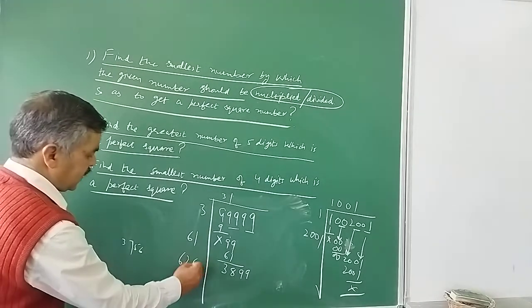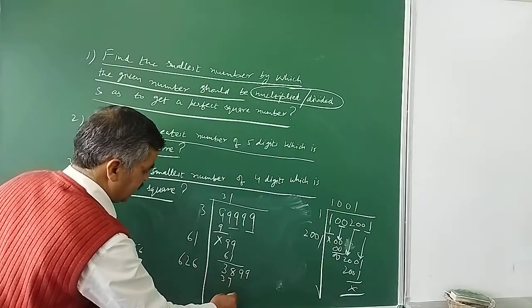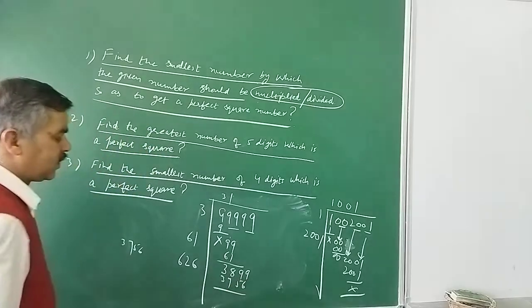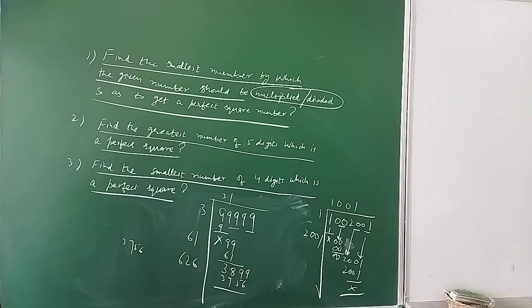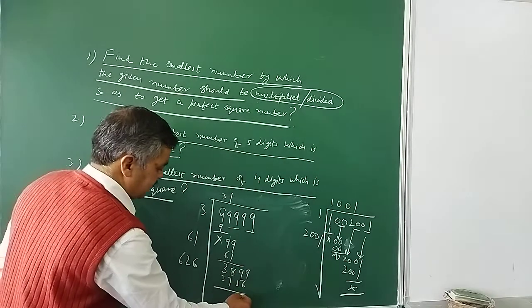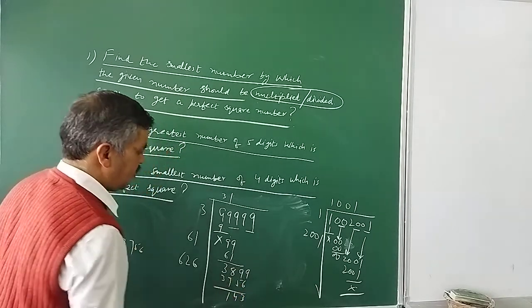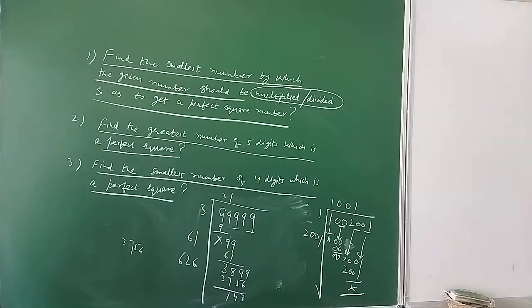So if I put 6 here, usually we are doing that 3, 7, 5, 6, and then I will check the remainder over there. So 9 minus 6 is 3, 9 minus 5 is 4, 8 minus 7 is 1. In that way, I am getting 143 as the remainder.